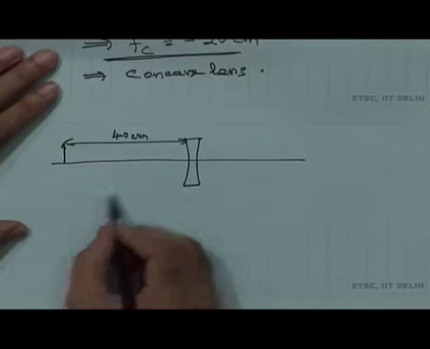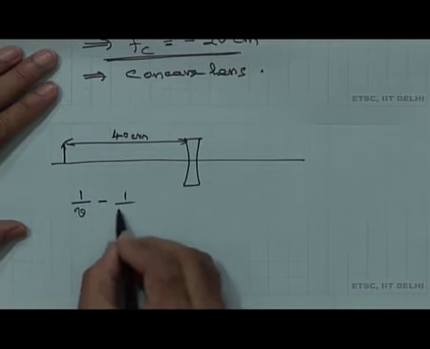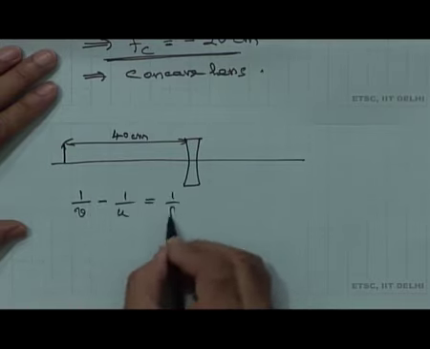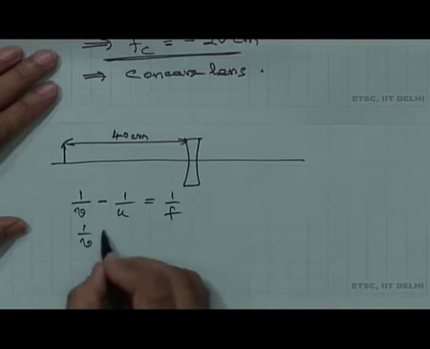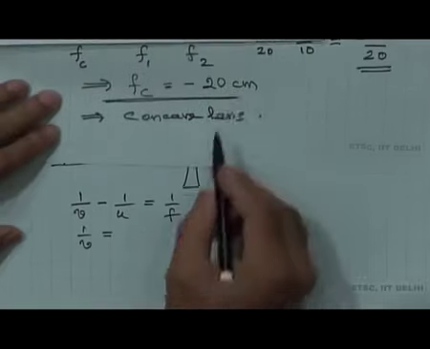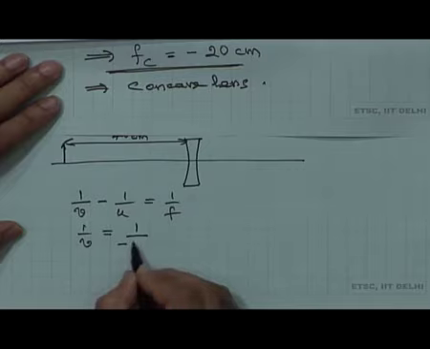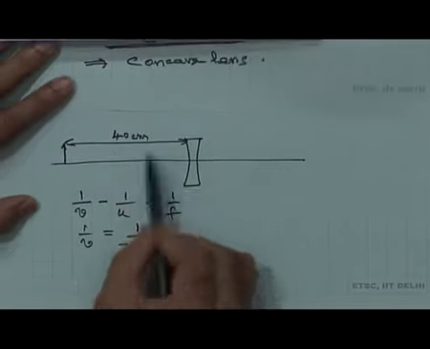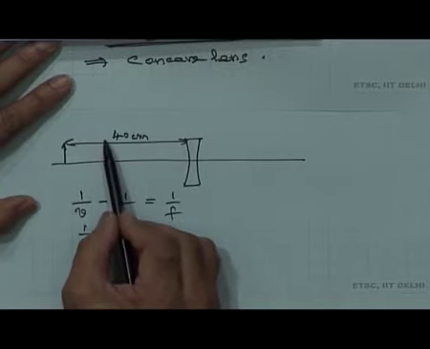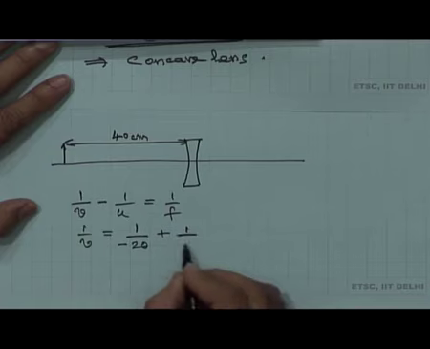We use the lens formula: 1 over v minus 1 over u is equal to 1 over f. So, 1 over v is equal to 1 over f plus 1 over u. f is minus 20 centimeter, so minus 1 over 20, and u is in front of the lens, therefore minus 40 centimeter, so plus 1 divided by minus 40.